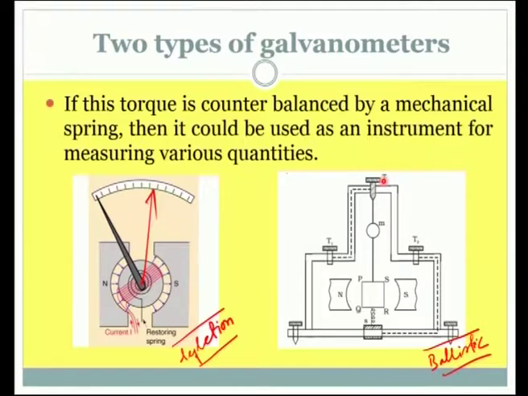It produces a kind of opposition to the movement because of its viscous nature, or we can attach vanes that move in air and oppose the deflection. That is the concept of mechanical damping, and electromagnetic damping is also possible. We will see what electromagnetic damping is.